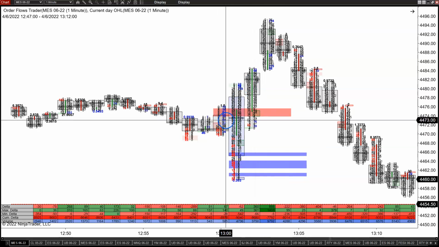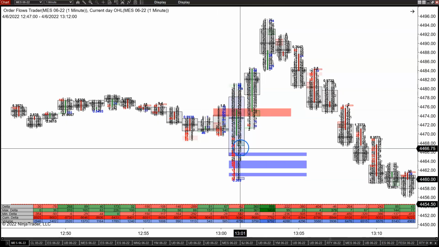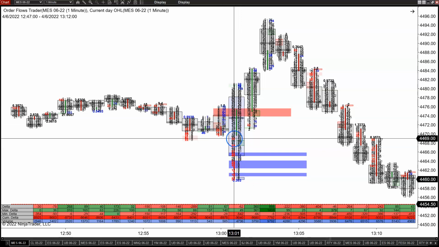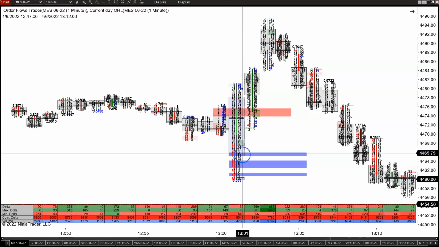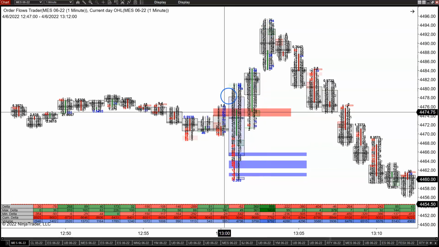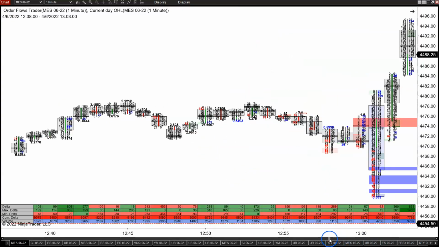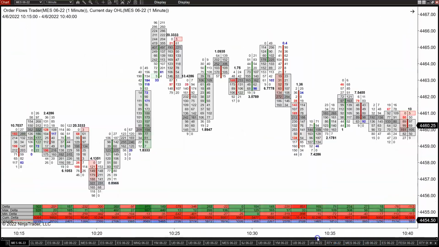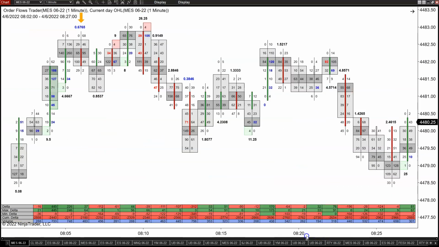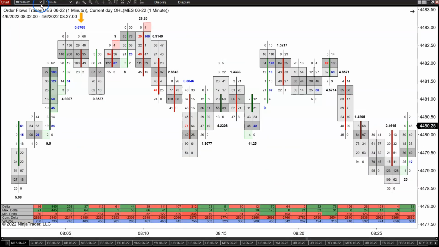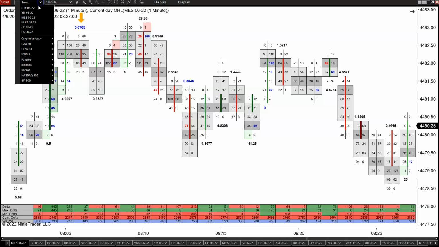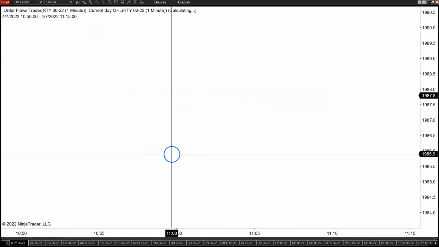Again, you're probably not going to be trading an FOMC announcement, but you got the rejection early on, rejection a minute later, and the market continued in that direction a little further up before subsiding back down. Now, let's take a look at another market. Take a look at NASDAQ, take a look at Mini Russell.